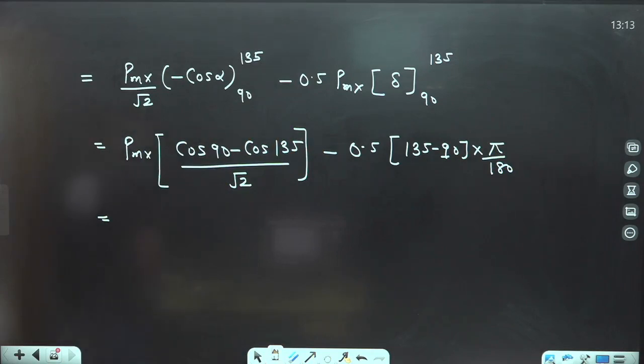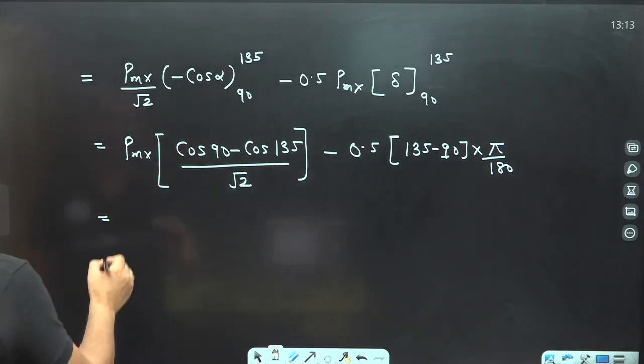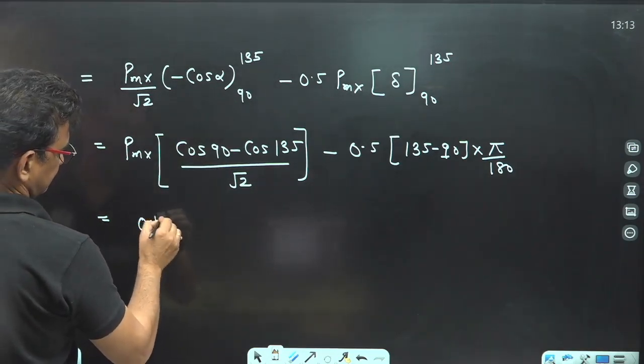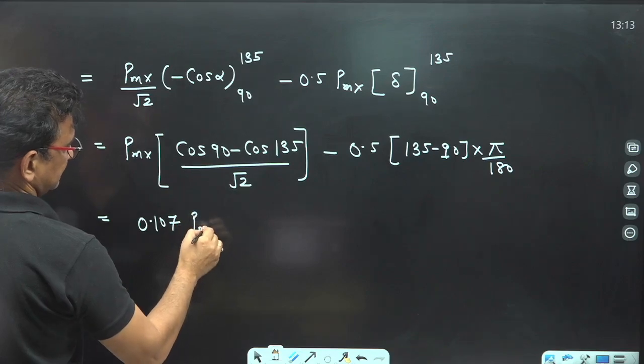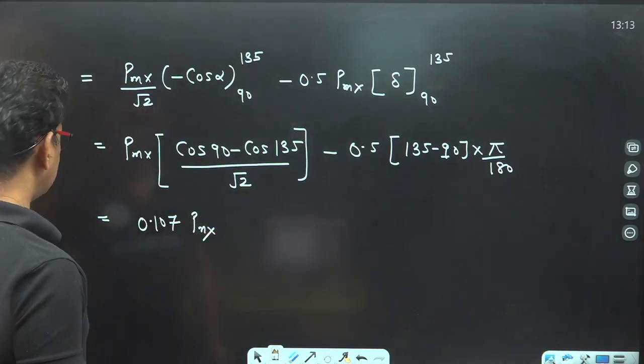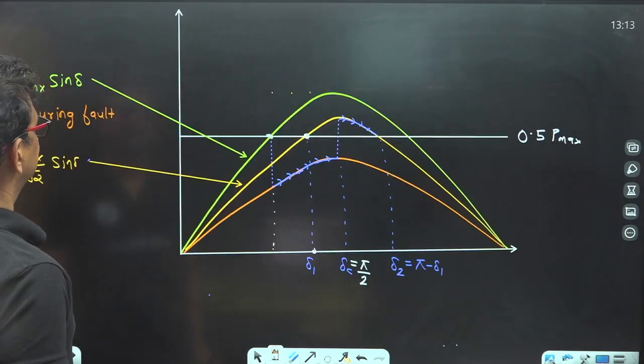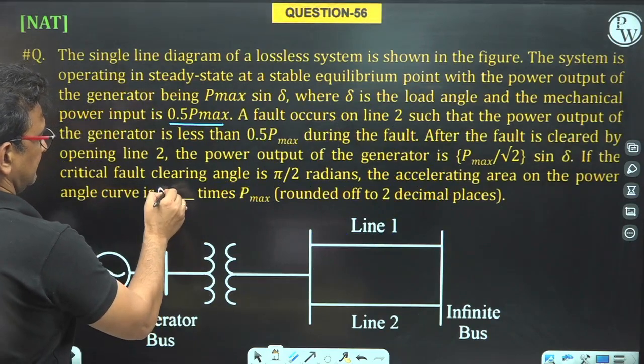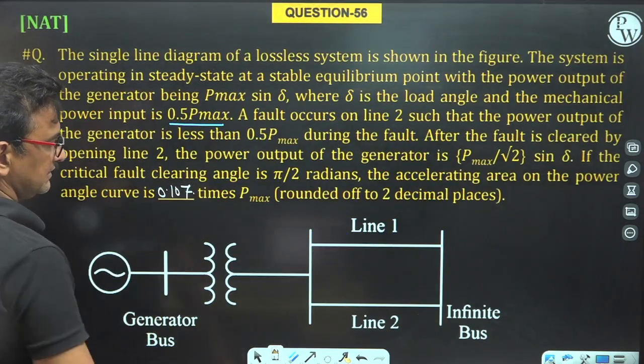If I calculate this, I will get the value of 0.107 Pmax. So 0.107 Pmax is the right option.